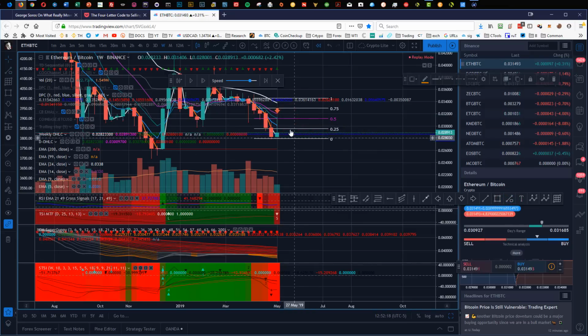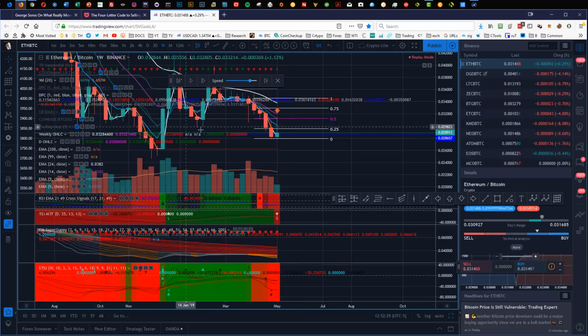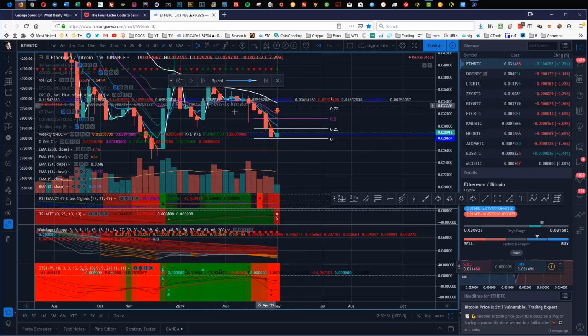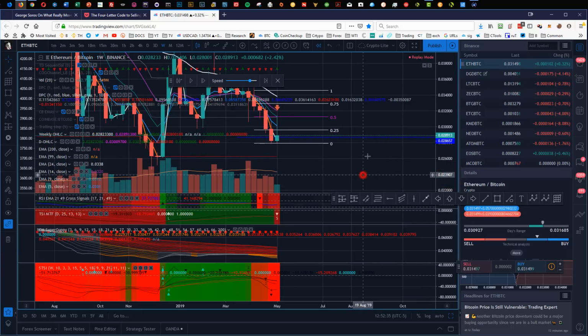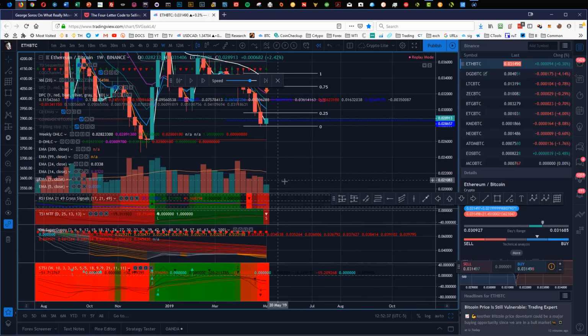Just getting all their positions either at break even, or at a little bit of a profit. But it was heavily rejected. And that was probably heavily rejected for all the people that entered around this area using standard support and resistance, that doesn't work.